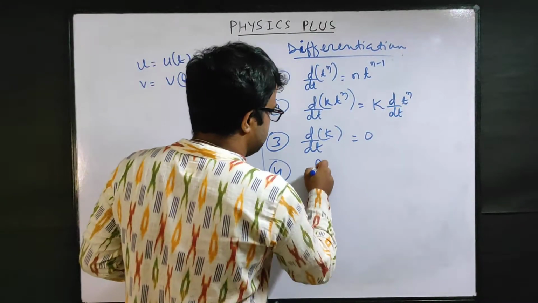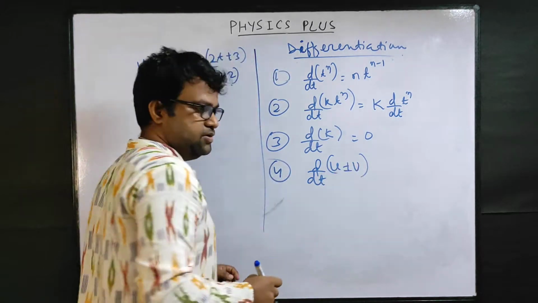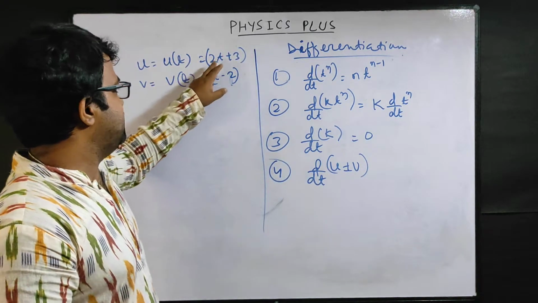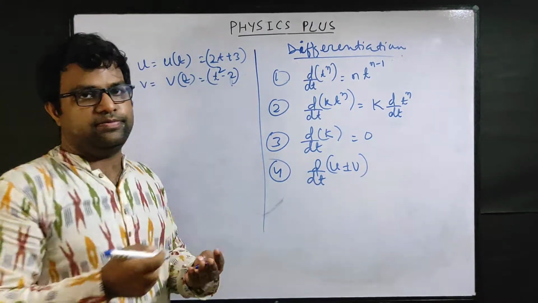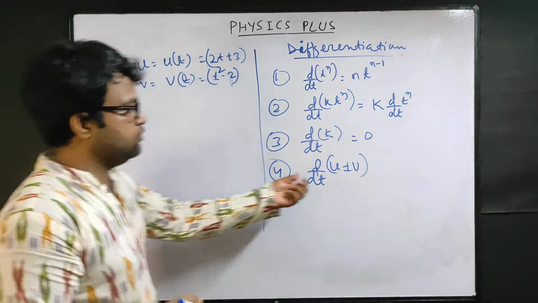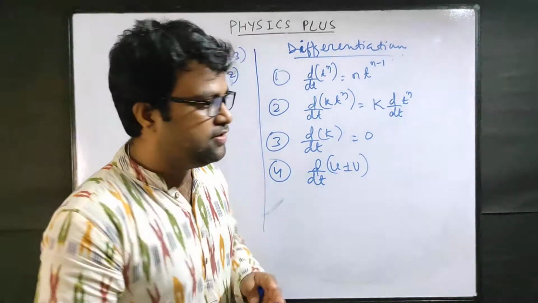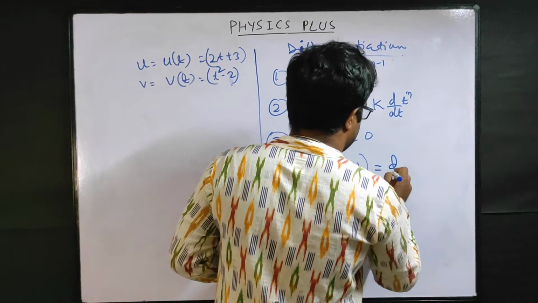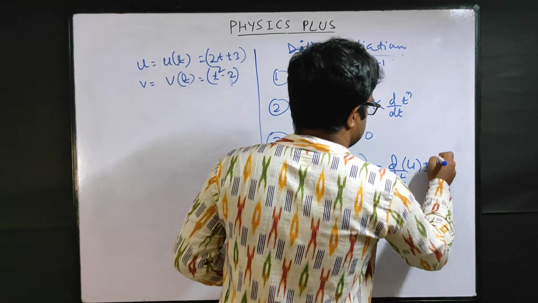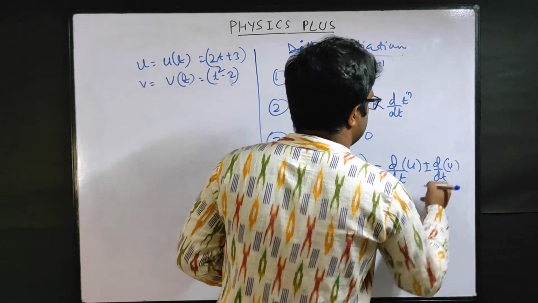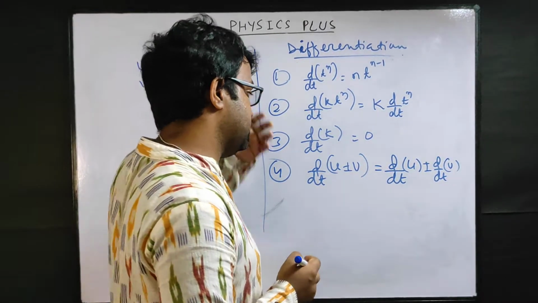Suppose d by dt of u plus v or minus v, then u is a function of t, let's say 2t plus 3 plus t minus 2, or t square minus 2, whatever it may be. Now if two functions are added, then you will find the derivative with individual terms, like d by dt of u plus or minus d by dt of v. So differentiation will be with the individual terms, right?